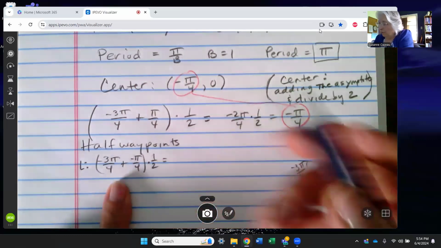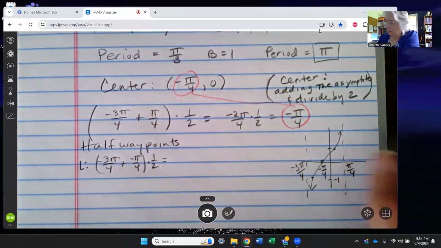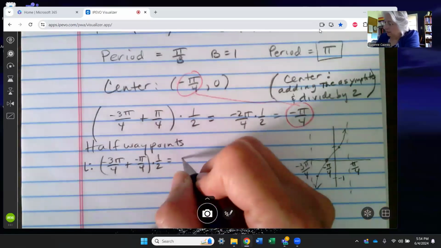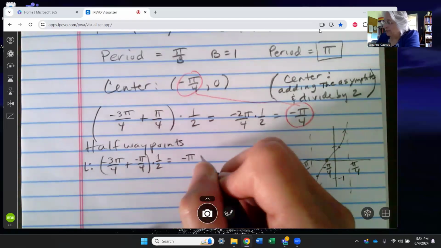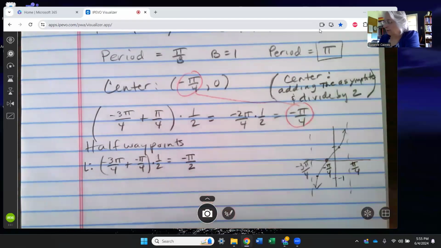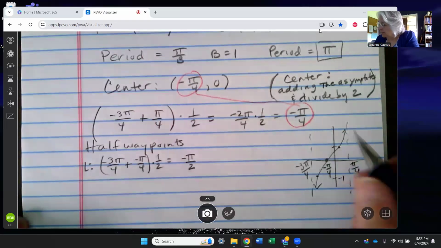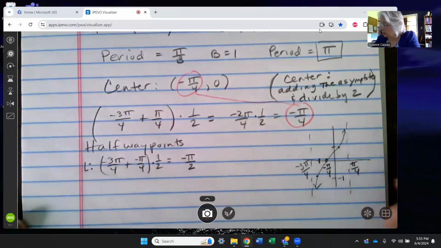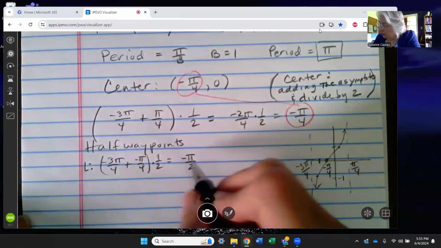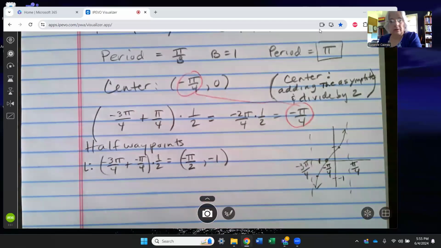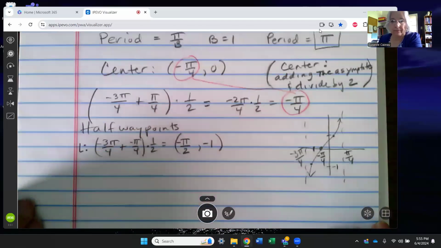So that's a negative 4 pi over 4, which is negative pi, times a half is negative pi over 2. All right, so this is negative pi over 2 here. So negative pi over 2, and then negative 1 is the y coordinate. So that's your left halfway point.